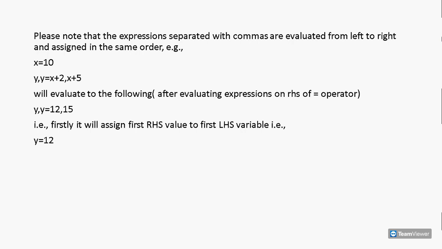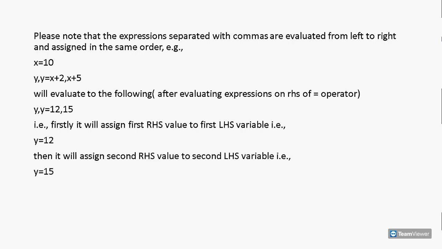That is, firstly, it will assign first right hand side value to first left hand side variable, that is y equal to 12. Then it will assign second right hand side value to second left hand side variable, that is y equal to 15. So, if you print y after this statement, then y will contain a value of 15.